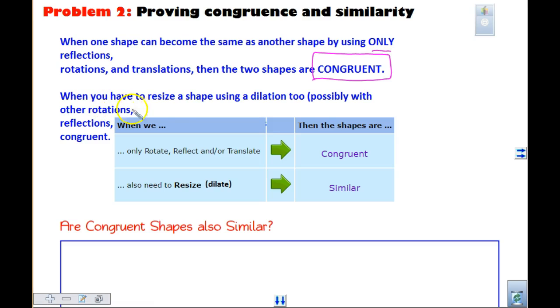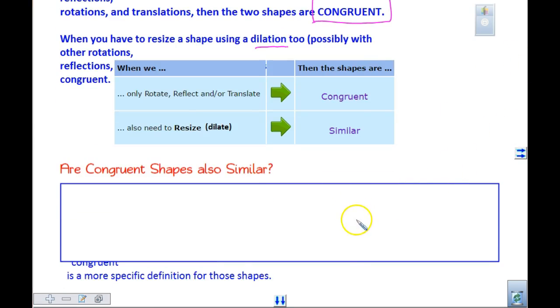It says when you resize a shape using a dilation, then you will have similar figures, okay? So rotate, reflect, or translate makes it congruent. When you resize, we dilate. So the question it asks you is, are congruent shapes similar? If they're congruent, are they also similar?